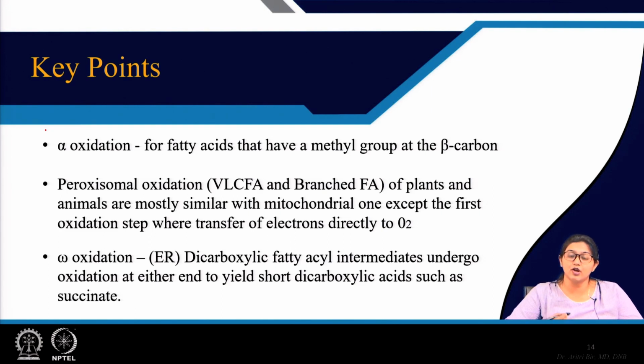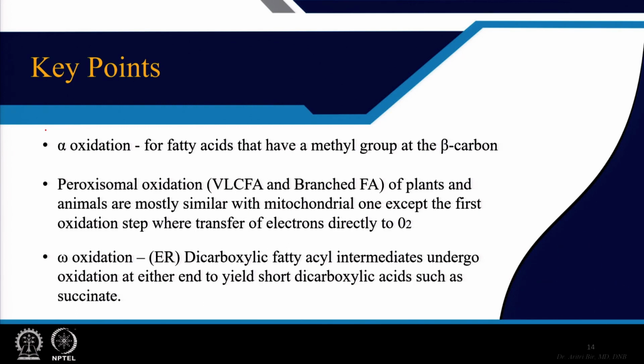Then we have discussed peroxisomal oxidation, which is specific for either very long chain fatty acids or branched chain fatty acids. The peroxisomal oxidation is similar to the mitochondrial oxidation, but the difference is in the first oxidation step, where the transfer of electron occurs directly to the molecular oxygen forming H2O2, which is degraded, dissipating the energy as heat.